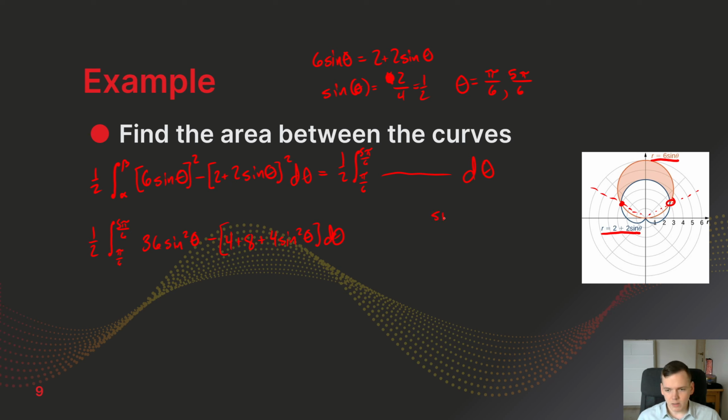For these sines squared, there's a trig identity that lets you replace sine squared theta with 1 minus cosine 2 theta over 2, and that'll end up being easier to integrate. So we'd replace both of those, and then at that point it's just some u substitution and other stuff that I'll leave you to practice. If you get stuck or want me to help you with it, let me know. But for sake of keeping this video on the shorter side, I'll leave the rest for you, and ultimately you end up getting area is 4 pi.